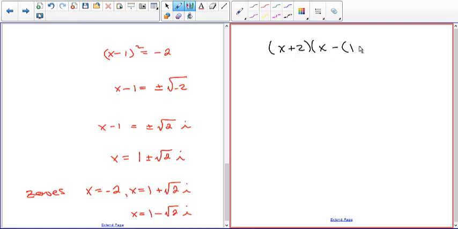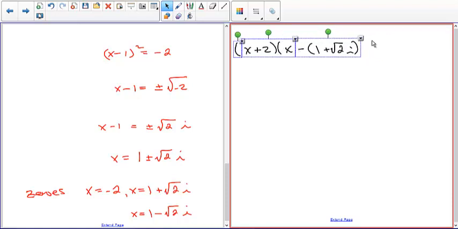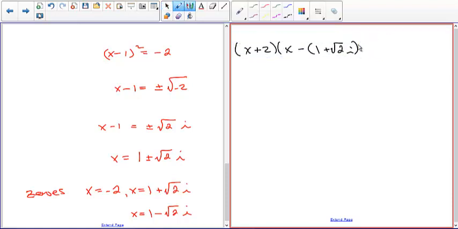So you have 1 plus the square root of 2i. So that's one factor. I need one more parenthesis here. It's not quite right. So there we go. And then the third factor is going to be 1 minus the square root of 2i. Okay, so that's the original function.